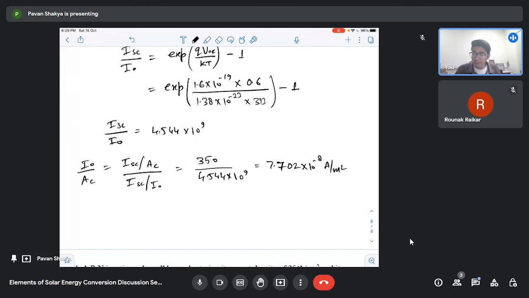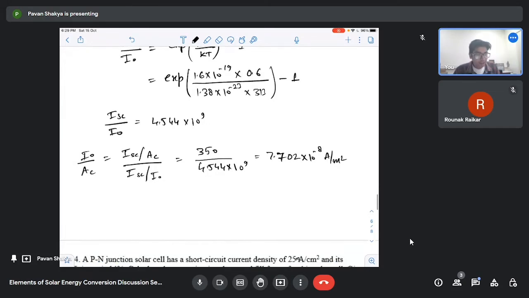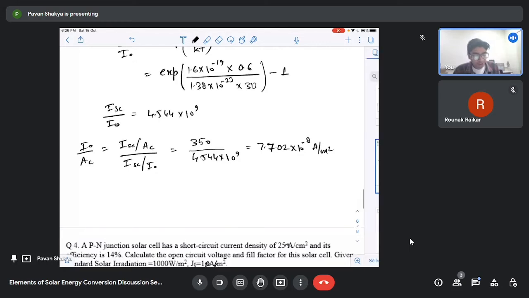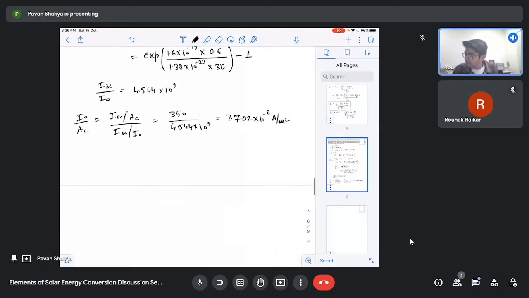Now the formula that I have given in the last problem for this Vm, that one was ISC divided by I naught plus 1 is equal to exponential of QVm divided by KT, and this one is multiplied by the 1 plus QVm by KT.